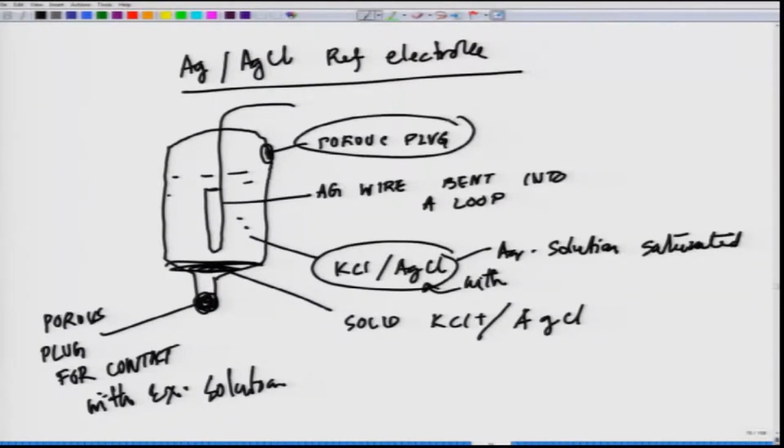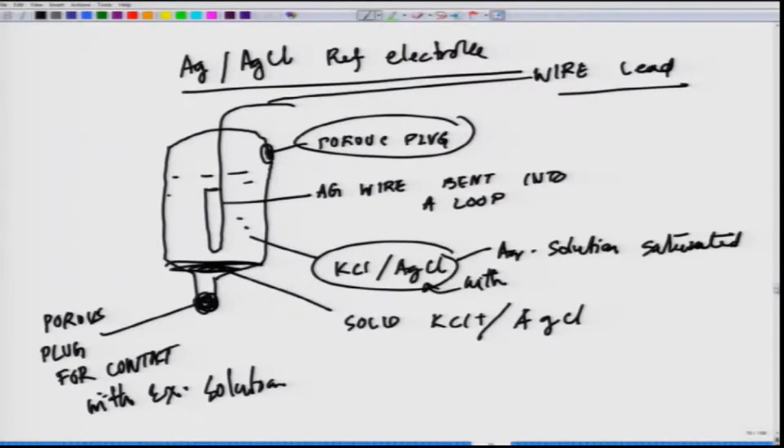So, this is the porous plug, and this is the air inlet, and this is the lid. Okay. This is how an Ag/AgCl electrode looks like, and silver chloride and calomel reference electrodes are used because they are convenient. Okay. The standard hydrogen electrode is difficult to use because it requires hydrogen gas and freshly prepared catalytic platinum surface that is easily poisoned in many solutions.